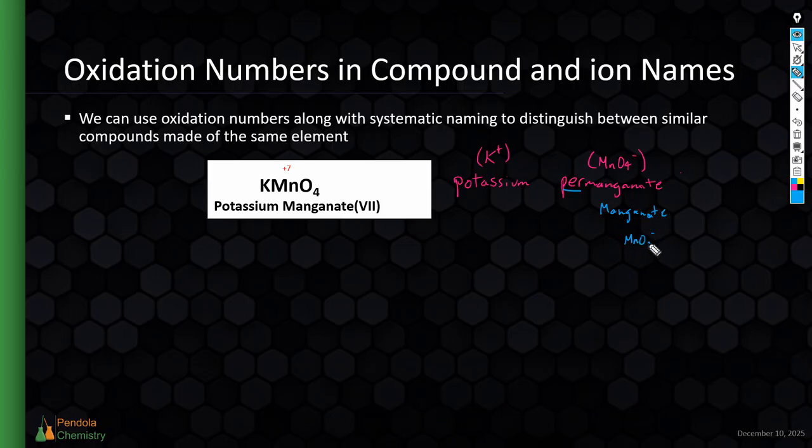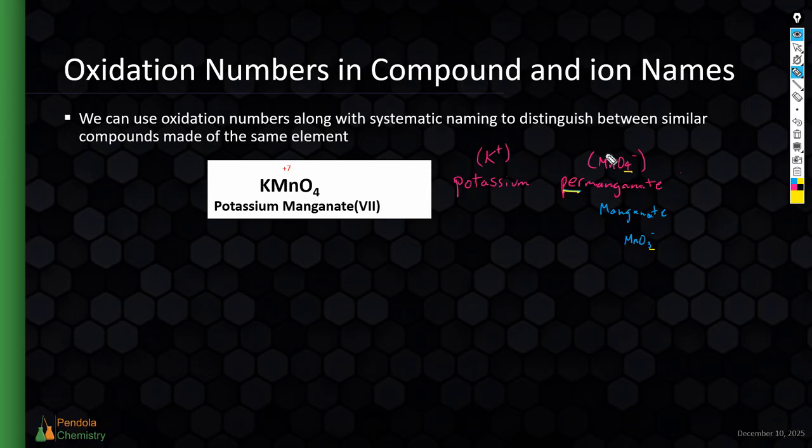So we differentiate between the 3 oxygens and the 4 oxygens with that prefix per. Well, we can also show this difference through the oxidation numbers.